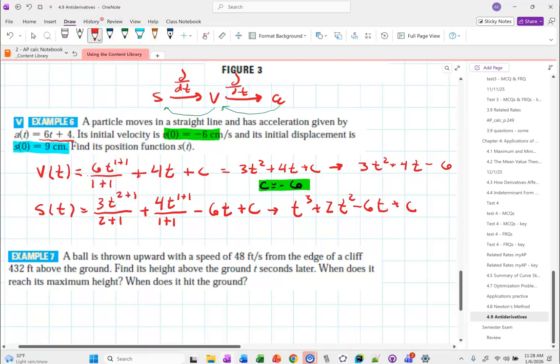All right, who can tell me what c is in their head without having to plug anything in? T is 0, right? 9.